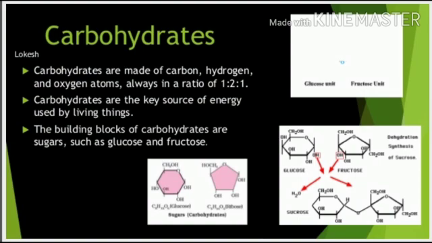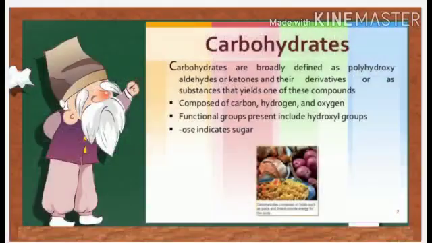But this definition could not hold good in a number of compounds. But nowadays, carbohydrates are defined as optically active polyhydroxy aldehydes or polyhydroxy ketones, or the compounds which give such compounds on hydrolysis.